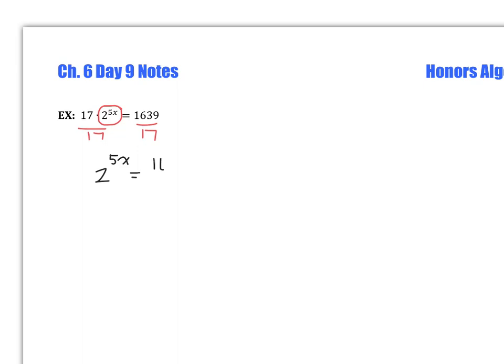So we are going to keep the exact value, 1639 over 17. Now, I don't think we can get common bases very easily. I don't know that I could change 1639 over 17 to 2 to some power. So I want you to take this from here. Take the log of both sides, be very careful, plug it into your calculator, and round to 3 decimals. Let's see what you get. Check back when you're done.